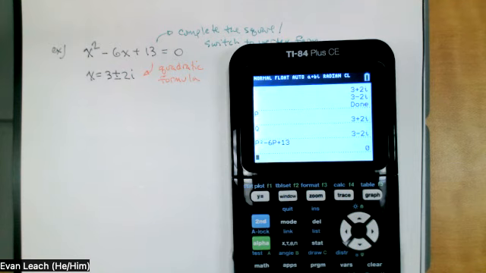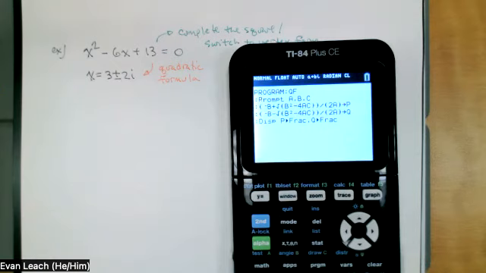I assigned names to the two zeros, to the two solutions, so I can grab those two solutions if I wanted to work with them a little bit more. And it's still a very small, efficient program. If you look for a quadratic formula program online, they are very excessive.